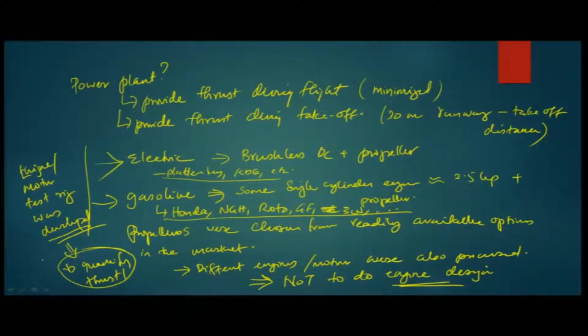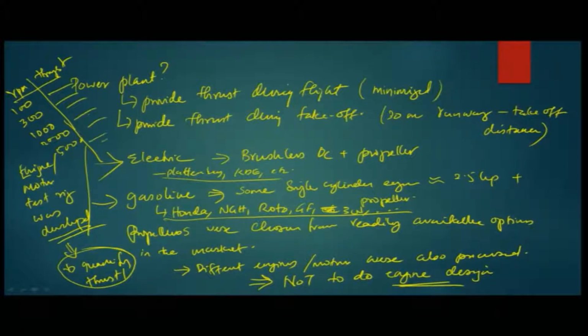You are looking at a table something like this, with RPM and thrust: at 100 RPM, 300 RPM, 1000 RPM, 2000 RPM, 5000 RPM. You have different RPMs, and the thrust available was also measured.